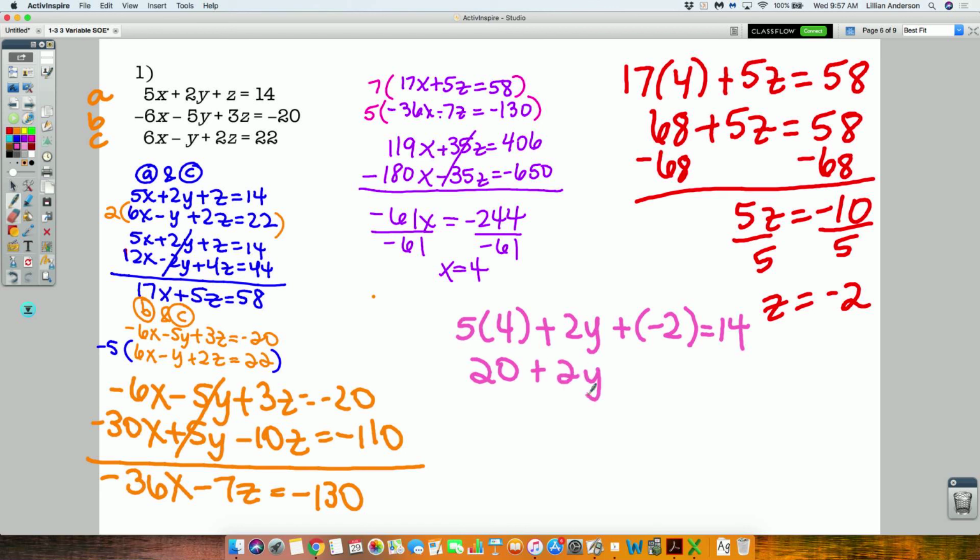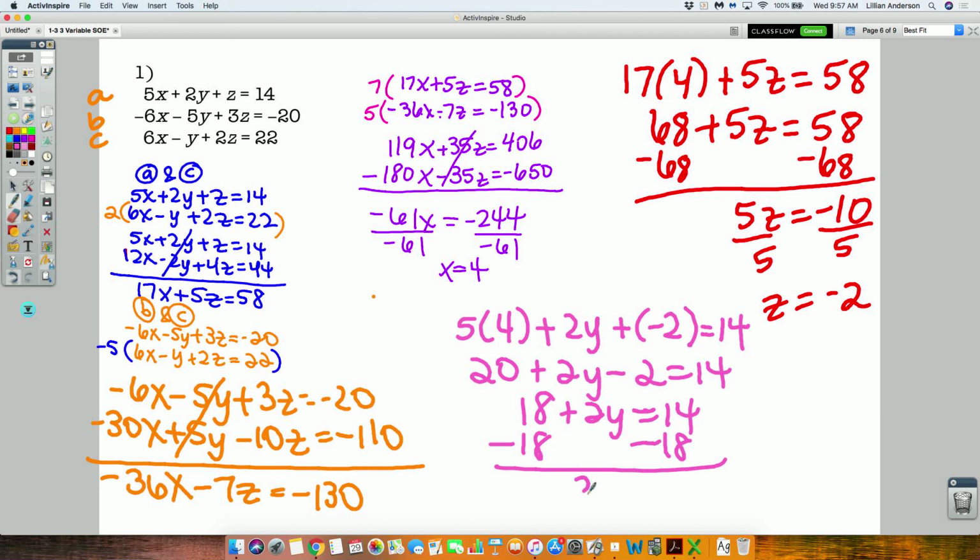A positive and a negative make a negative. We want to make sure that we are aware of that. Don't want to make any errors there. Combine like terms. What's 20 minus 2? Now you do minus 18 on both sides and get negative 4. Divide both sides by 2, and what does y equal?